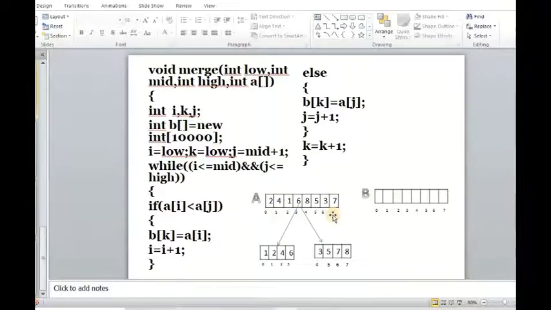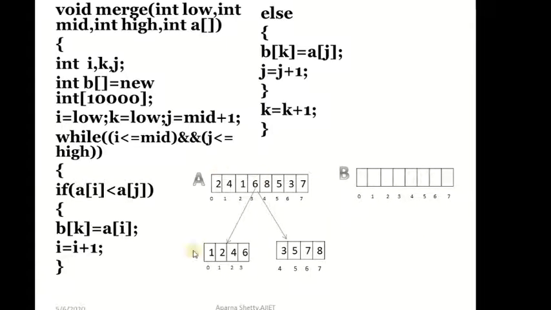and just put the slideshow so that I can write. Low is 0, correct, low is 0, this is low, high is 7 here in my case. In this example, high is 7.